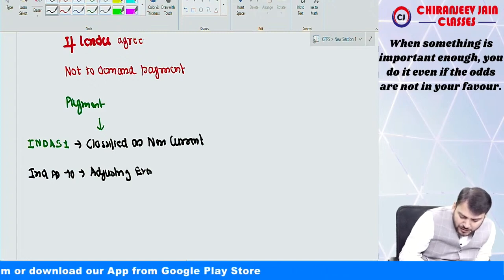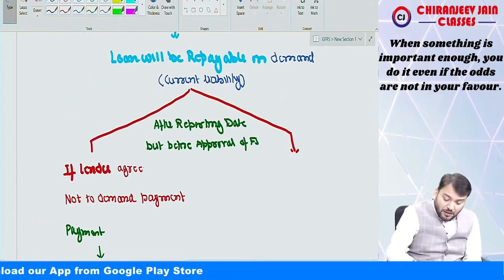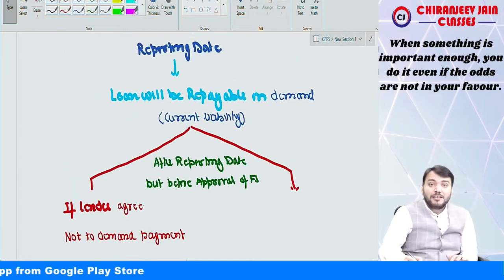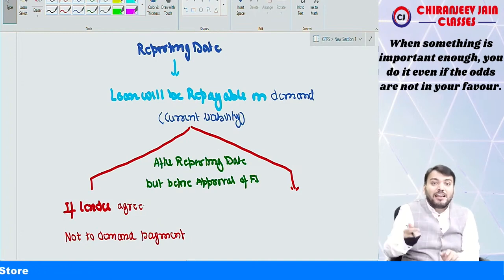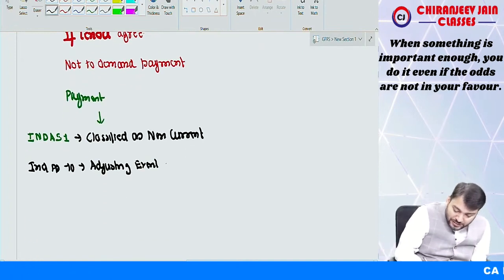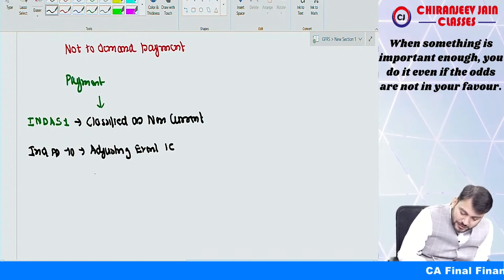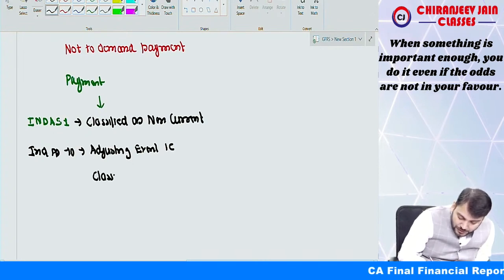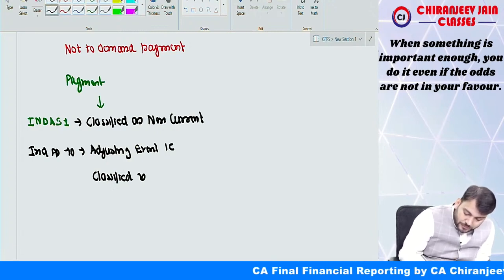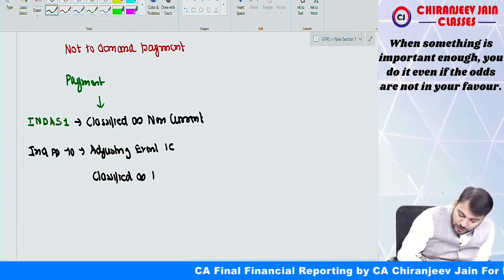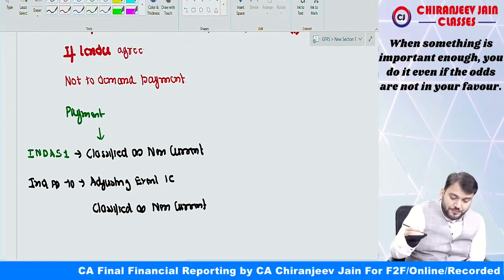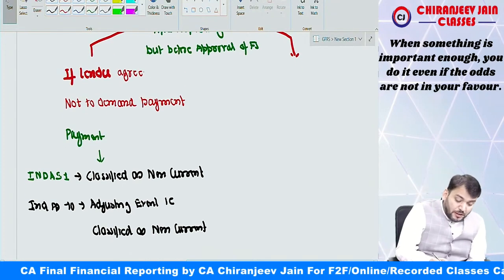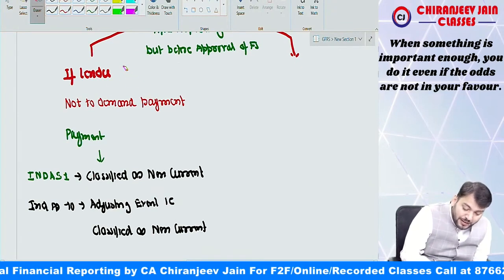Adjusting event means that due to the breach it became current liability, but it will become an adjusting event and will classify current liability as non-current liability. Are you able to understand? So it is an adjusting event, that is, it is classified as what? Non-current. Understood?